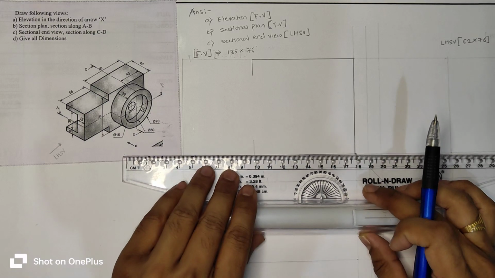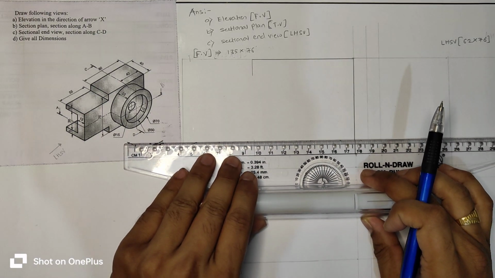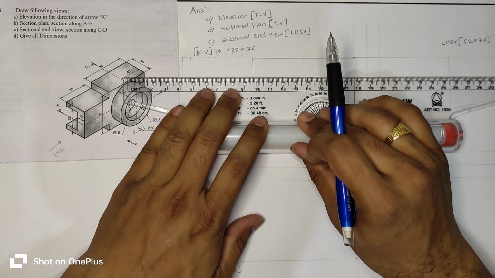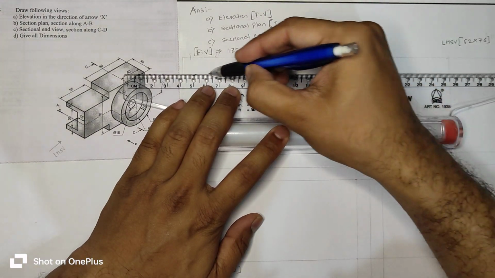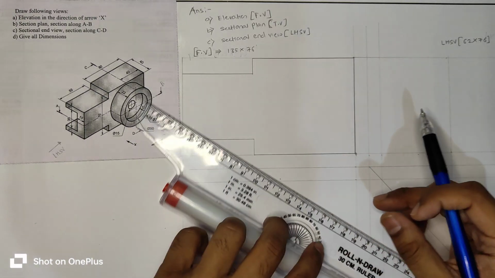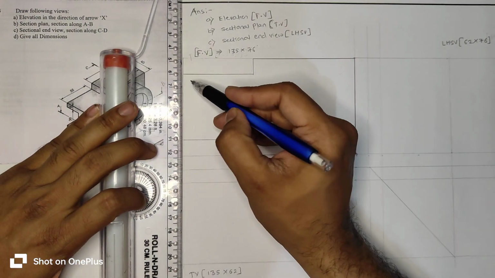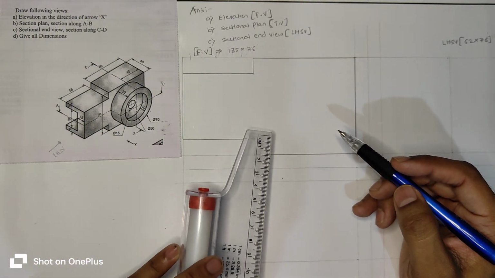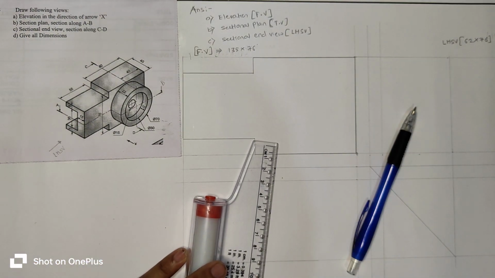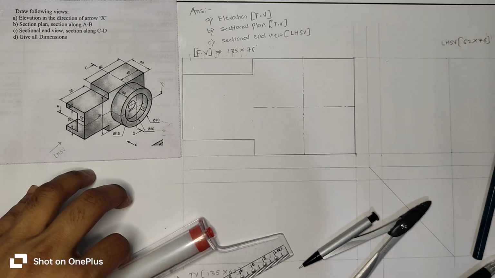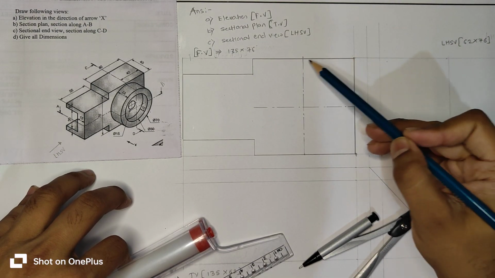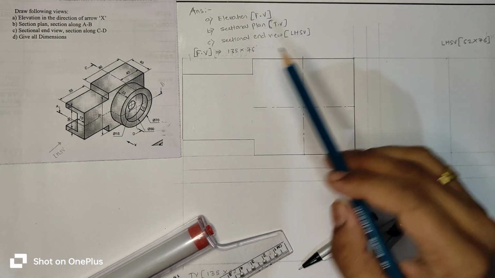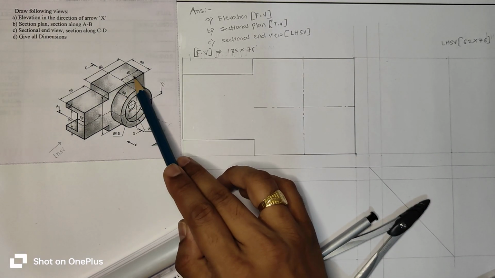Up to the left side, this is a horizontal line. Now from this side we have drawn 40 mm. It is given in the question.